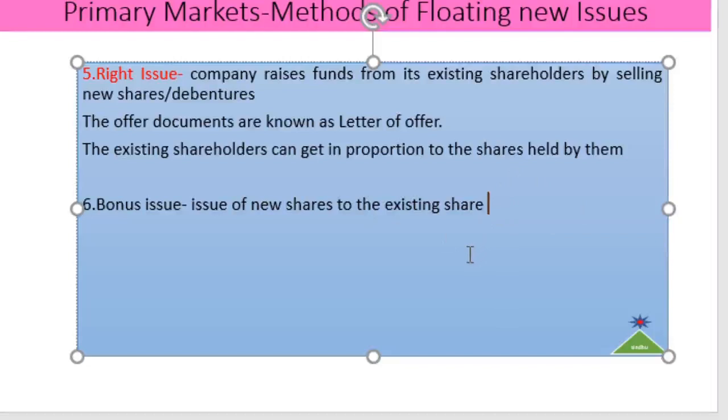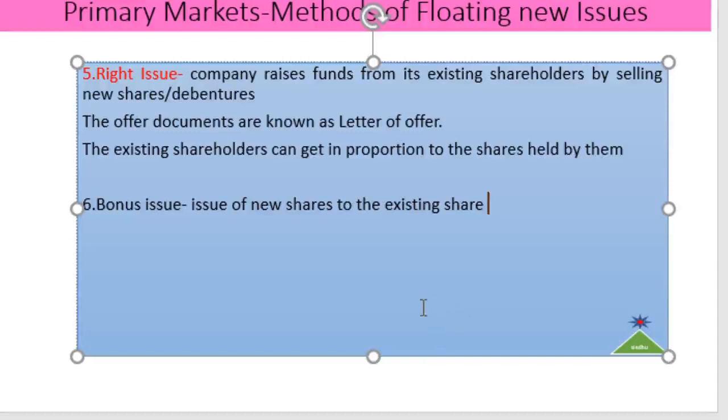Therefore, shareholders need not pay any money to the company for receiving new shares.